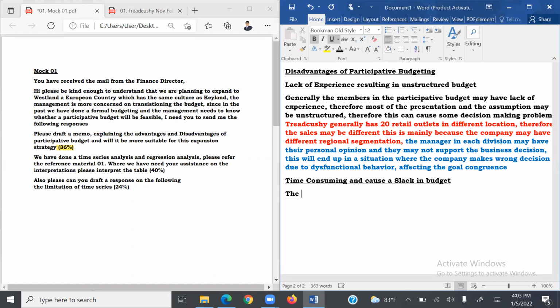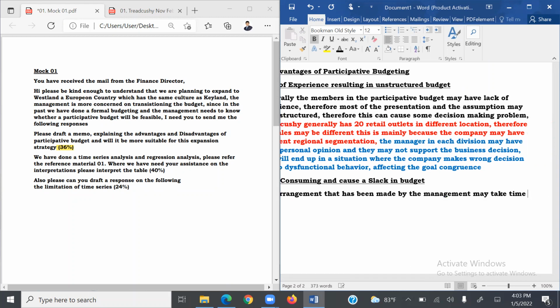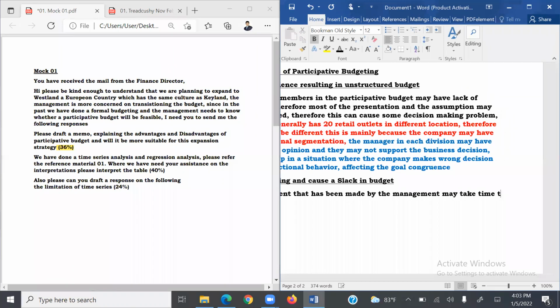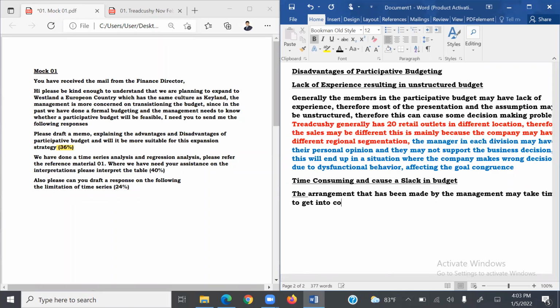The arrangement that has been made by the management may take time to get into conclusions.